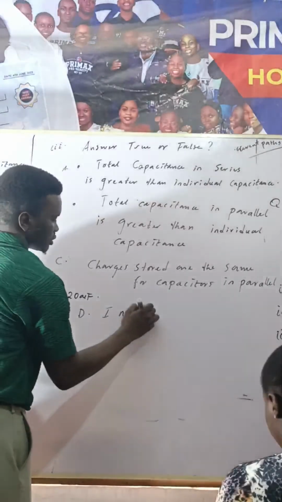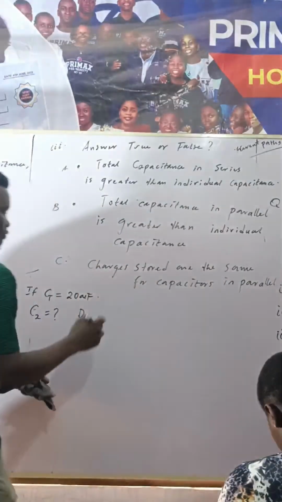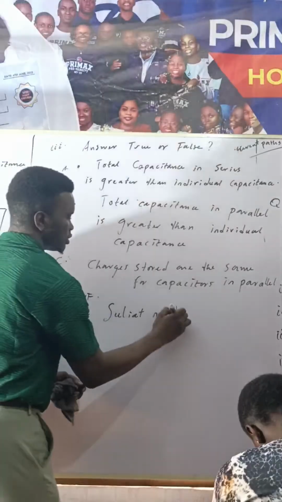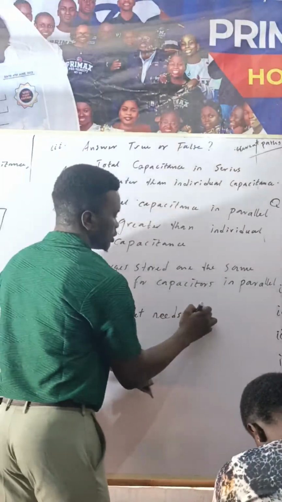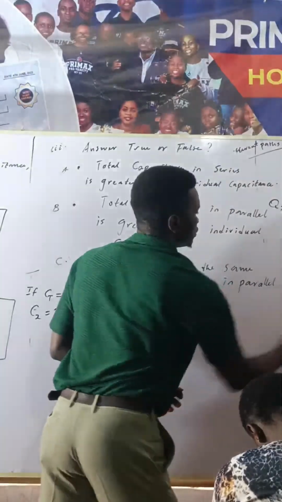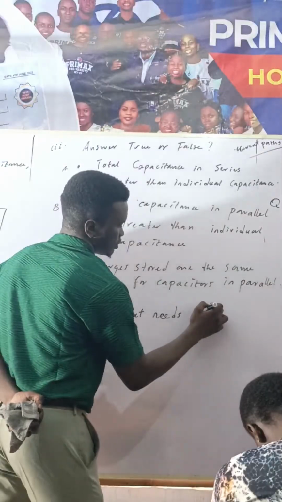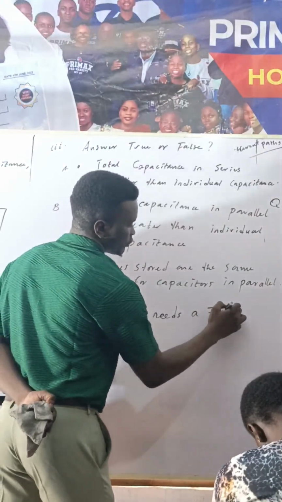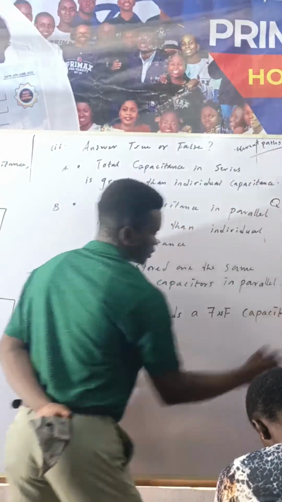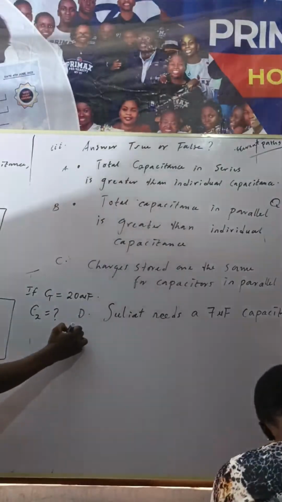Suliat needs a 7 microfarad capacitor. Needs a 7 microfarad capacitor.